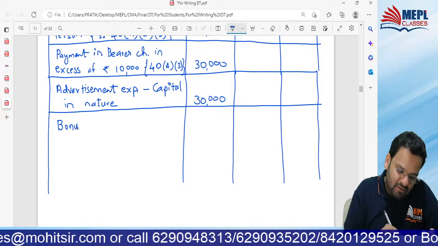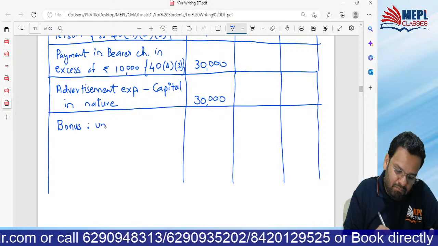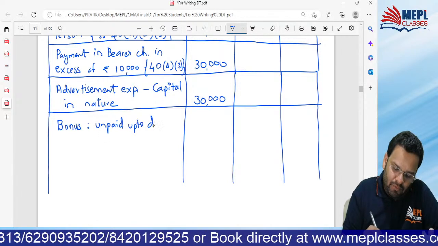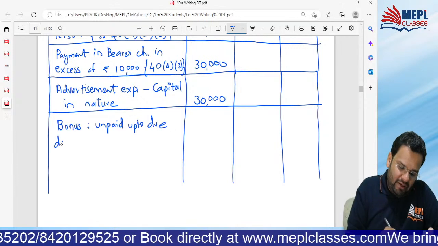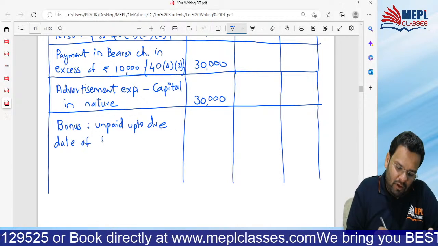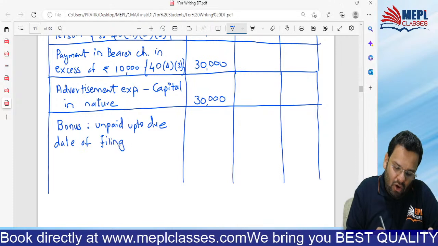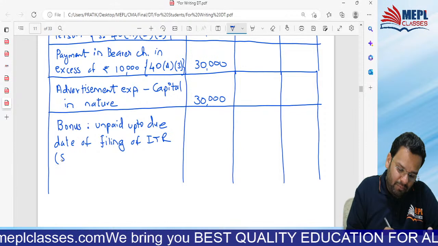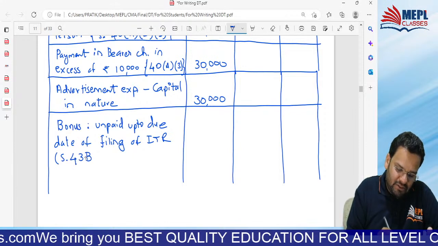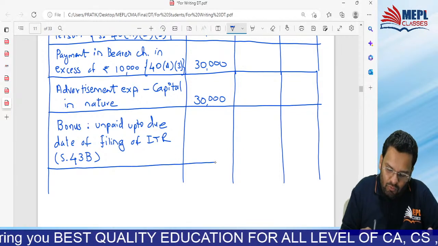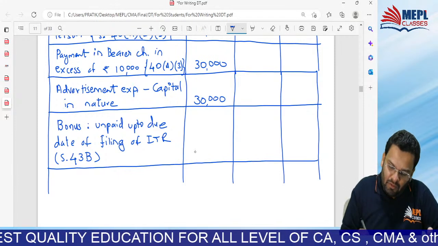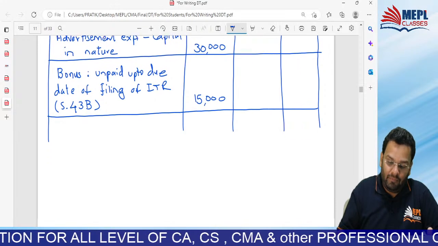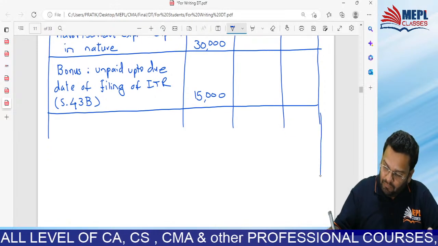So bonus, which is unpaid up to due date of filing of income tax return, this will be disallowed as per section 43B. Its amount is 15,000.